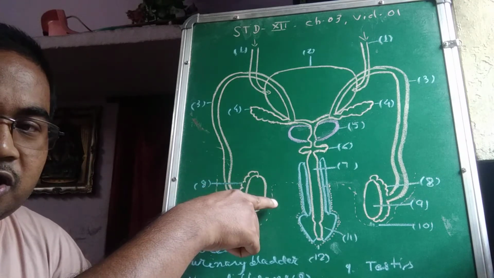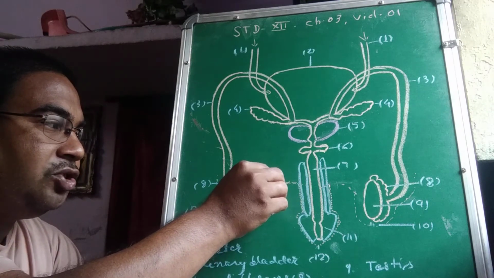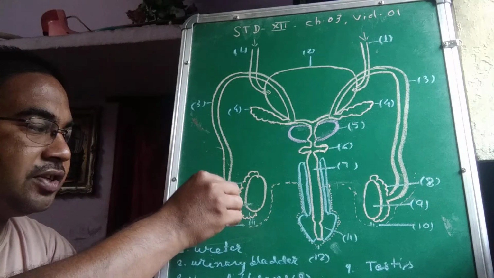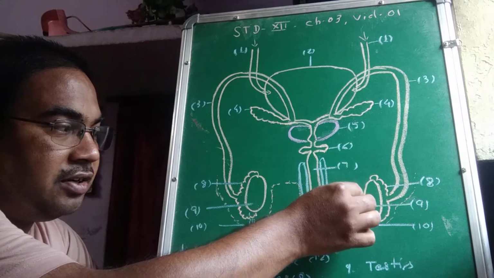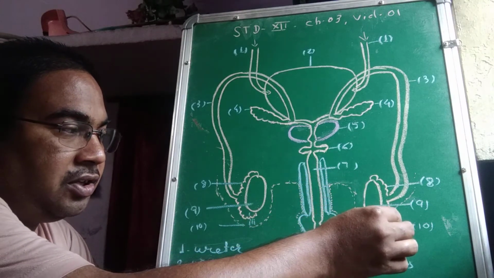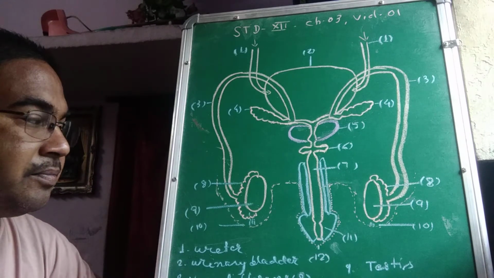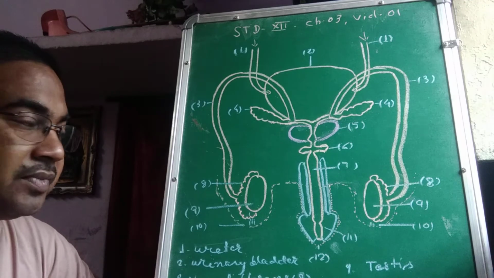This dotted structure you can see here, I have drawn with dotted lines. This is the skin of the scrotum. The scrotum is a muscular bag inside which the testes are located. The scrotum is very deep in color.